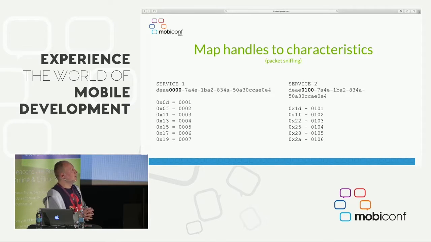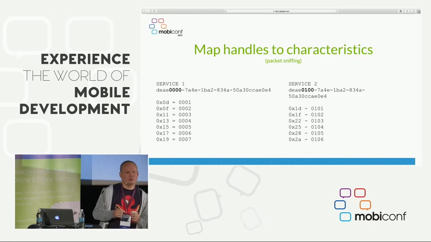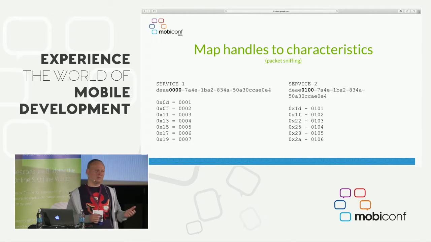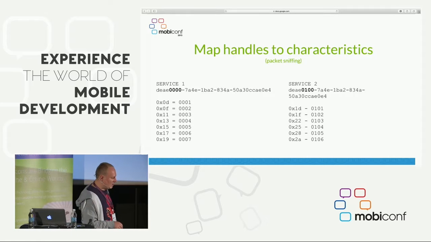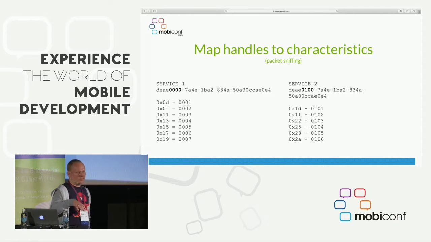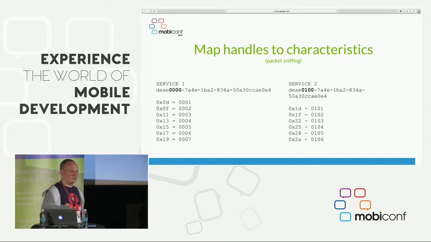So I used Wireshark and a sniffer dongle, took the original application from the manufacturer and tried to set different values, and I received a mapping between the characteristics and internal handles inside this beacon. Because when you send a packet over the Bluetooth layer, you have to know the handles.